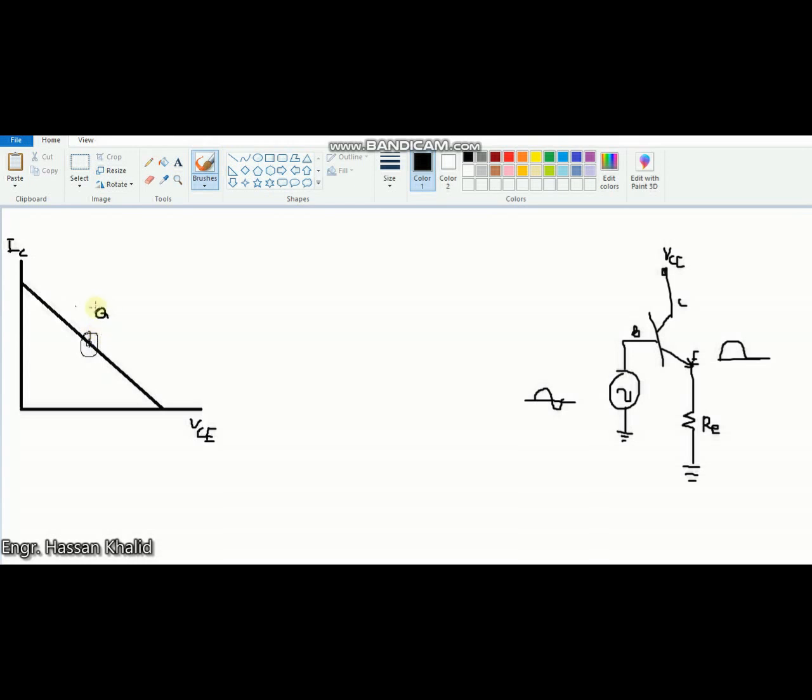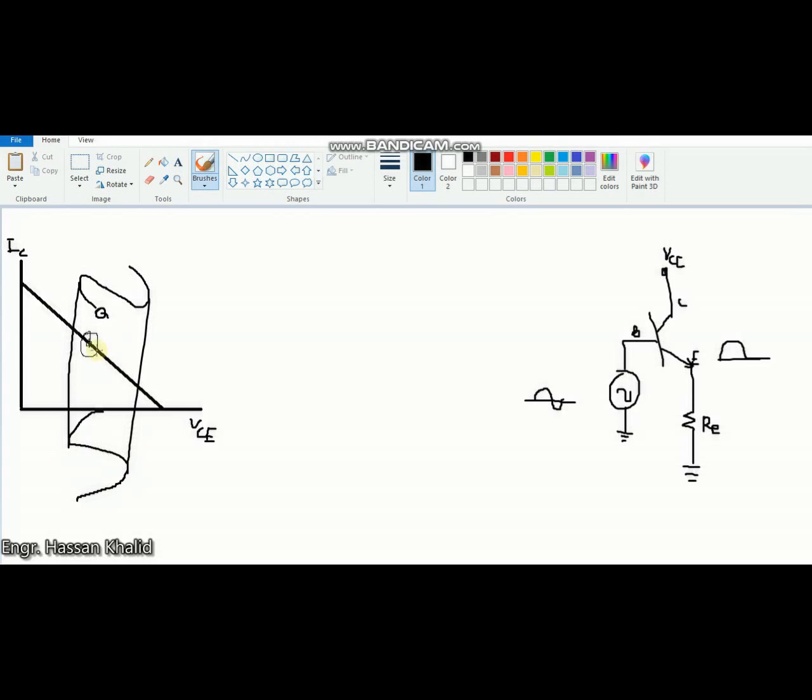If you have a signal like this one and draw the roughly extended Q point region, the signal will be amplified just like this.